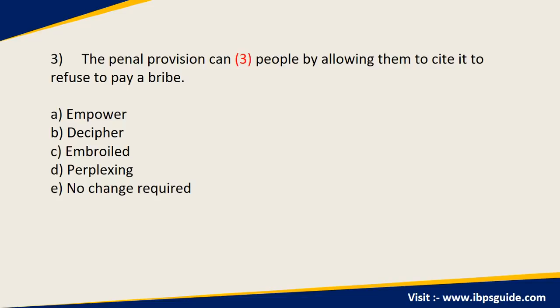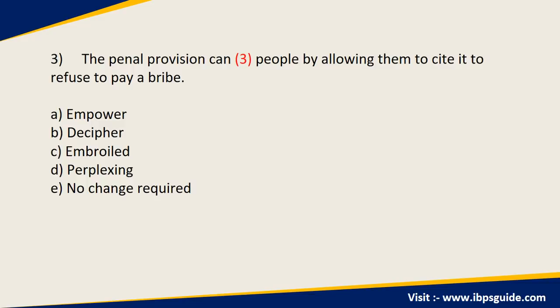Let's read the third sentence. The penal provision can dash people by allowing them to cite it to refuse to pay a bribe. You can see that just before the blank there is the modal verb can, and modal verbs are always followed by the verb in its first form.